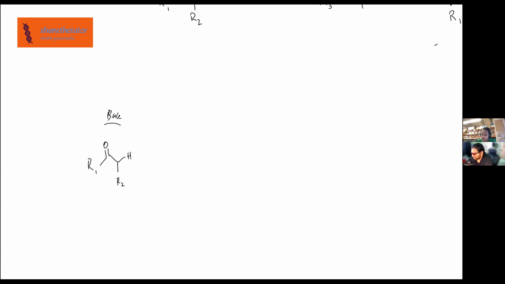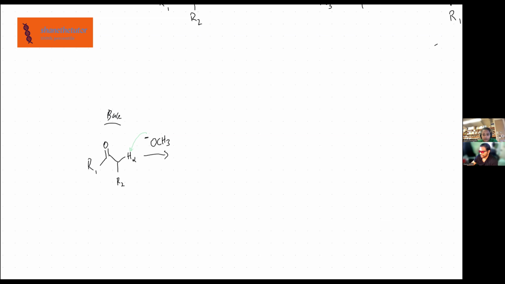That, and let's add methoxide. And what that will do is, instead of doing this like we are used to seeing, it's going to take that alpha hydrogen, right?